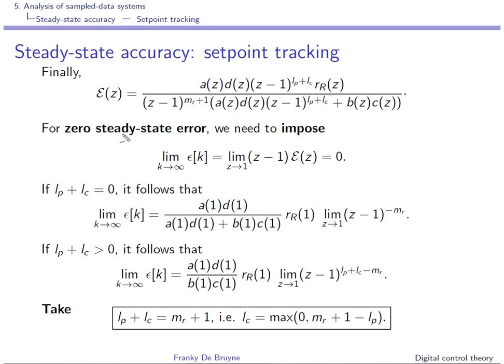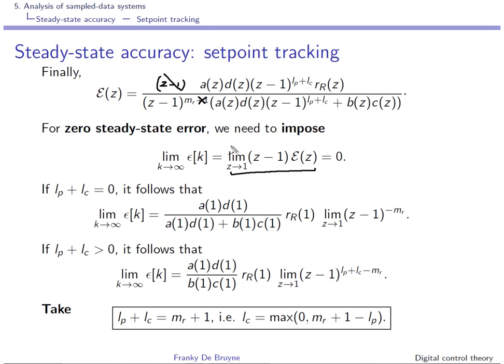We want a 0 steady state error, so we need to make sure that this quantity over here is 0. But this will really be the steady state error. So what we have to do is take this expression here and multiply by z minus 1 from here. Okay, so this will cancel out with the plus 1 over here.